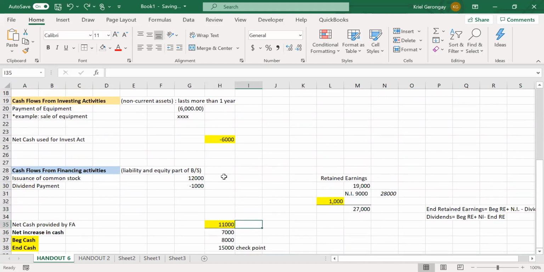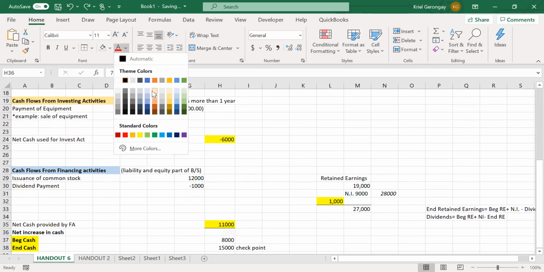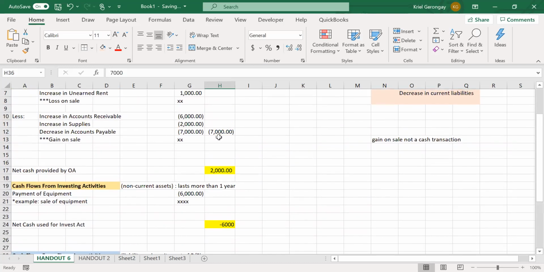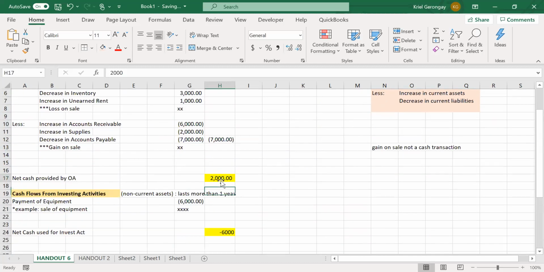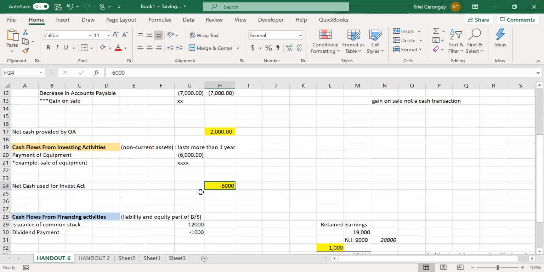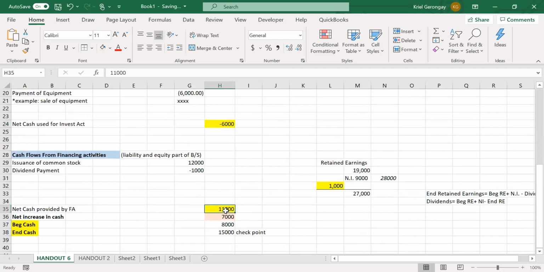And we got this 7,000 here by getting the total of 2,000 from cash provided by operating, 6,000 from the investing bucket, and 11,000 from the financing bucket, right? So we got this 7,000 here.